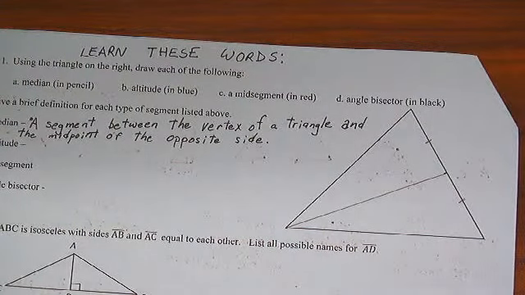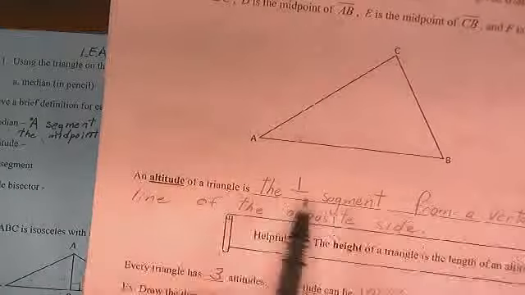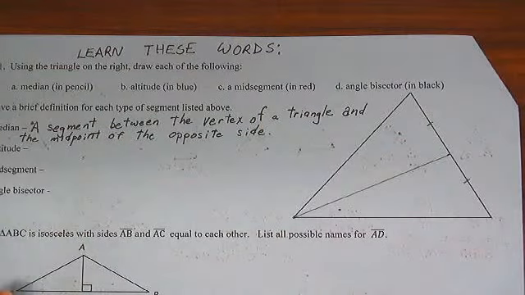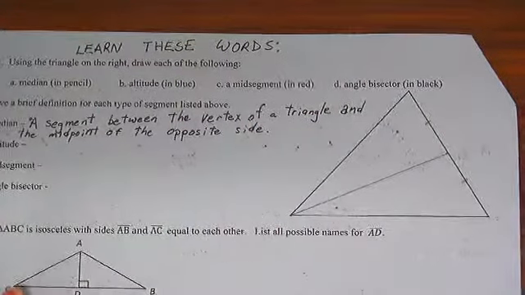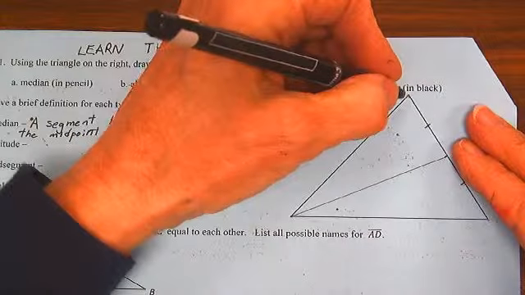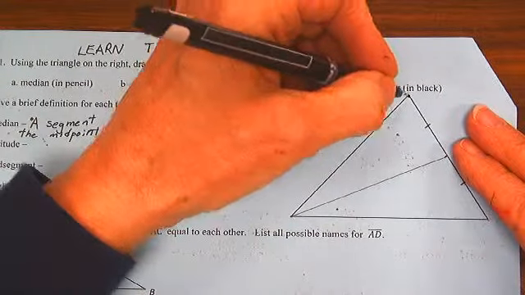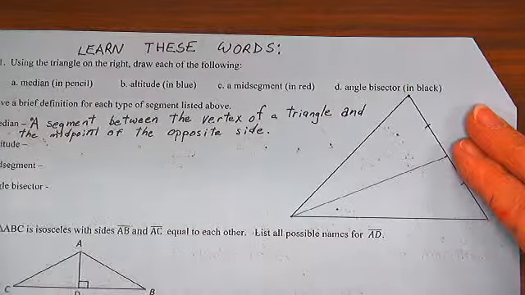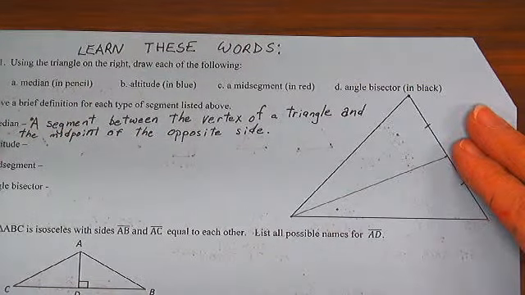Okay. Now, what is an altitude? An altitude is the perpendicular segment from a vertex to the line of the opposite side. That is always a height. So what we want here is a perpendicular. We want this in blue.